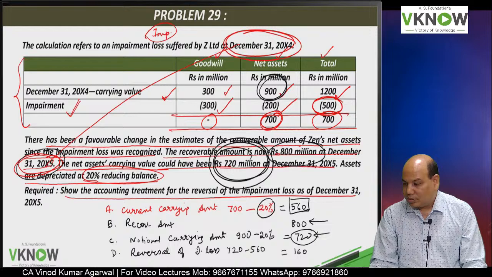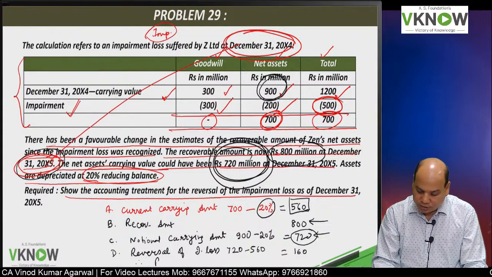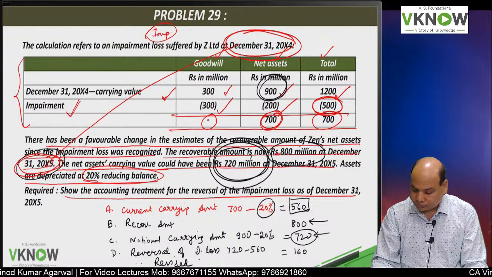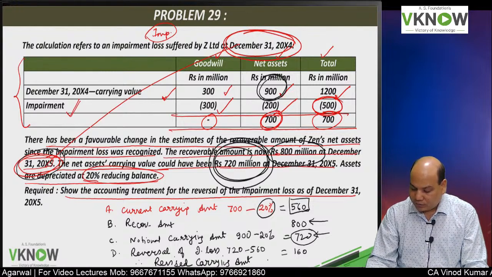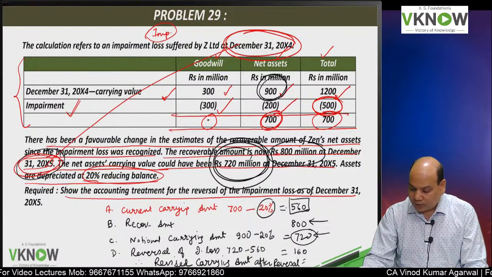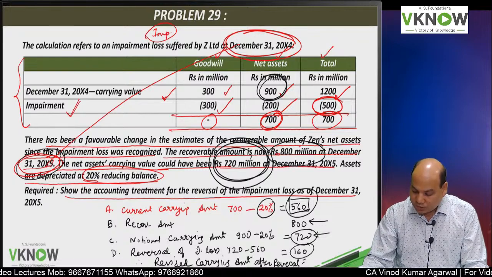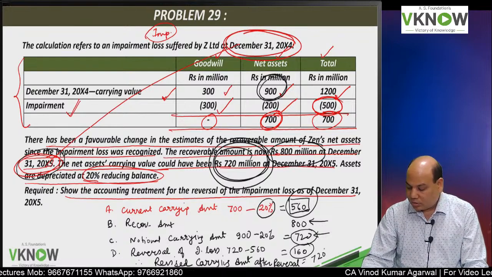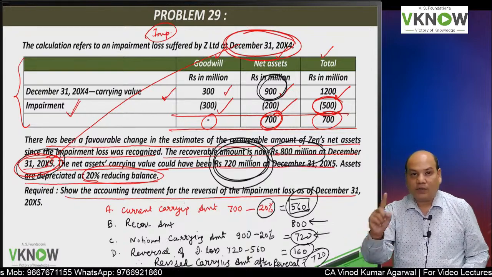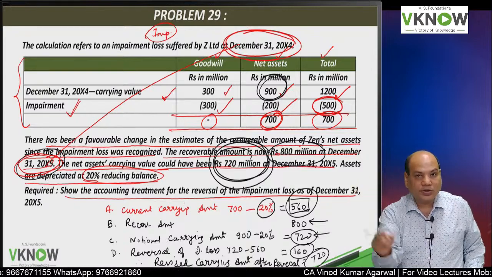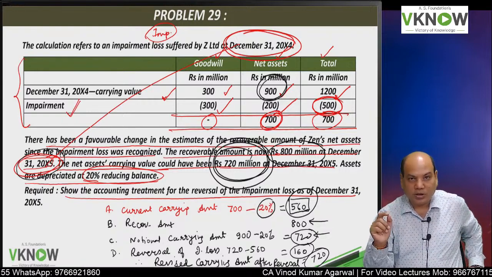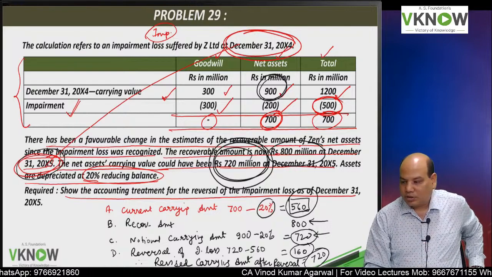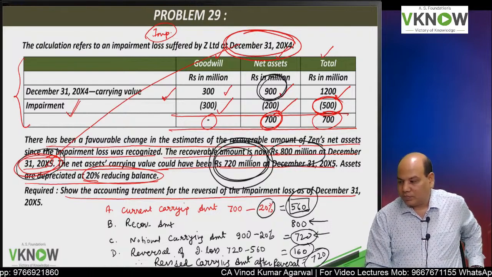The revised carrying amount after reversal: you were 560, you reverse 160, so after reversal the carrying amount will be 720, and then in future years you are going to depreciate 720. That is how we compute the reversal of impairment loss.